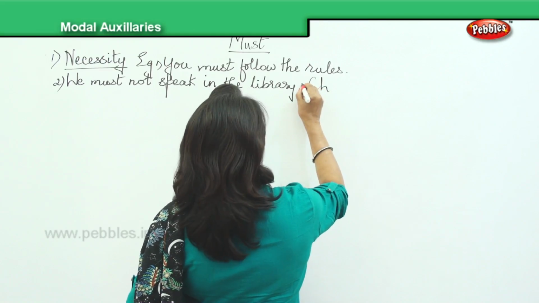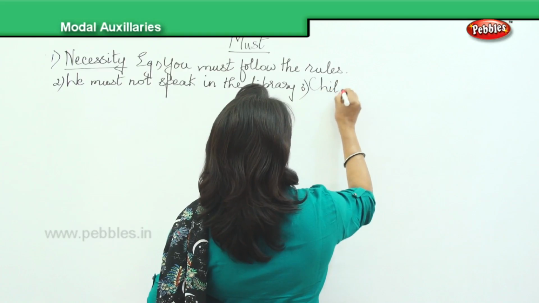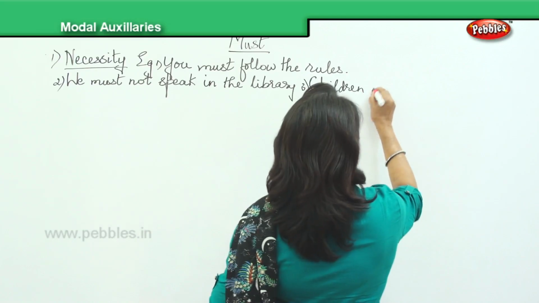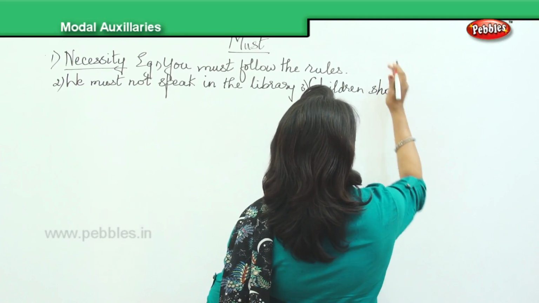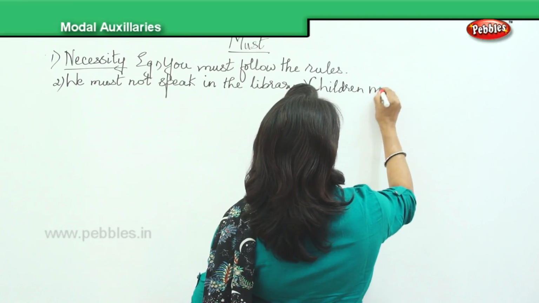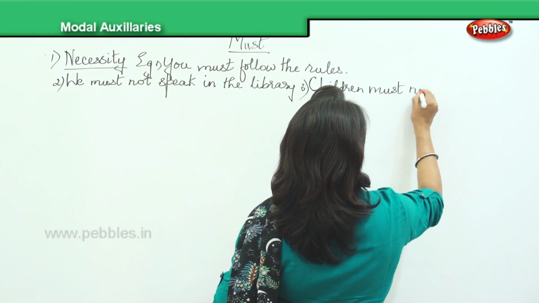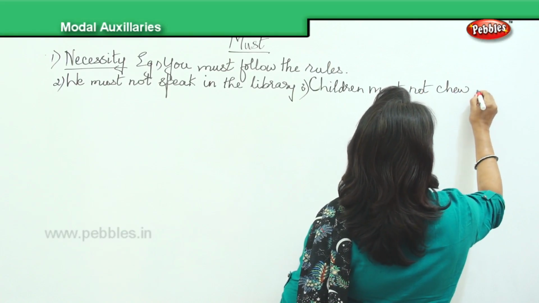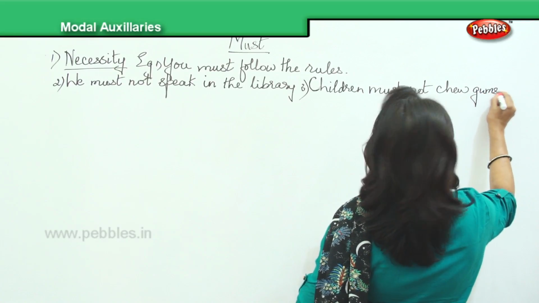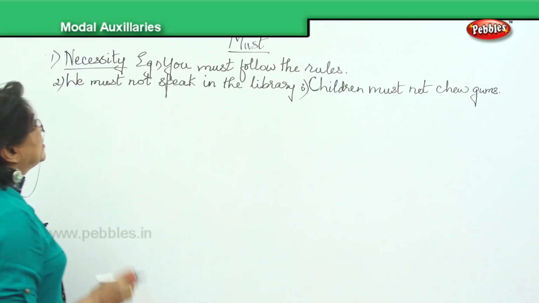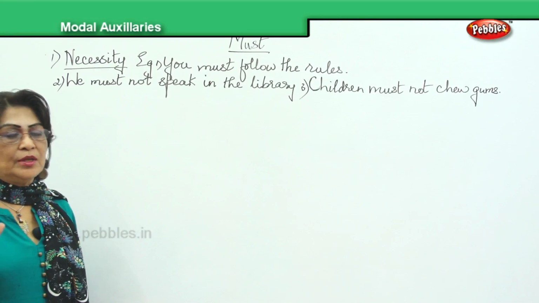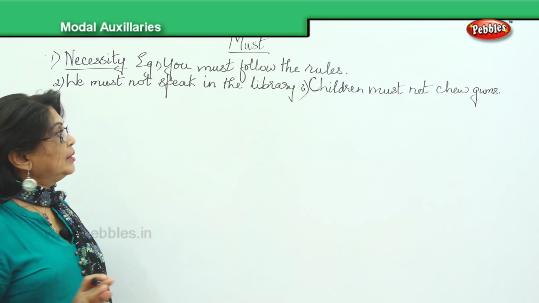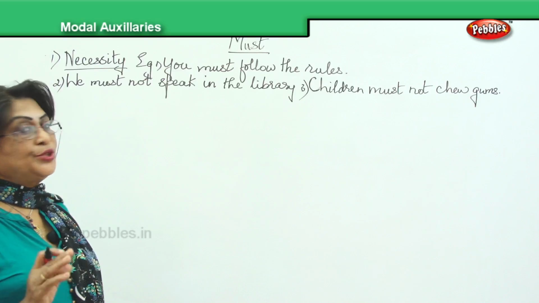Next one. Children must not chew gums. Okay? Necessity. You must follow the rules. We must not speak in the library. And children must not chew gums.